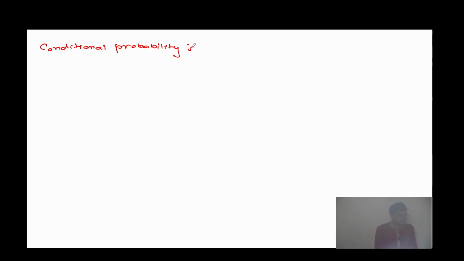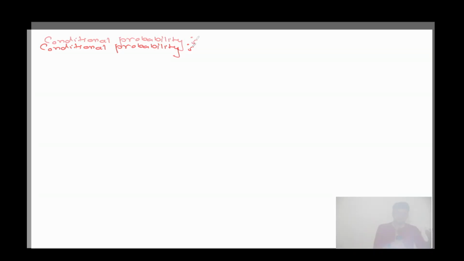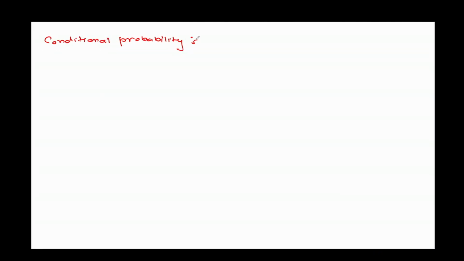Now, what will be the conditional probability? The probability that it was raining yesterday night given that the grass is wet. So, it tells about your belief regarding an event after you have observed some other event, and these two events might be related, might not be related, and I will come to that.